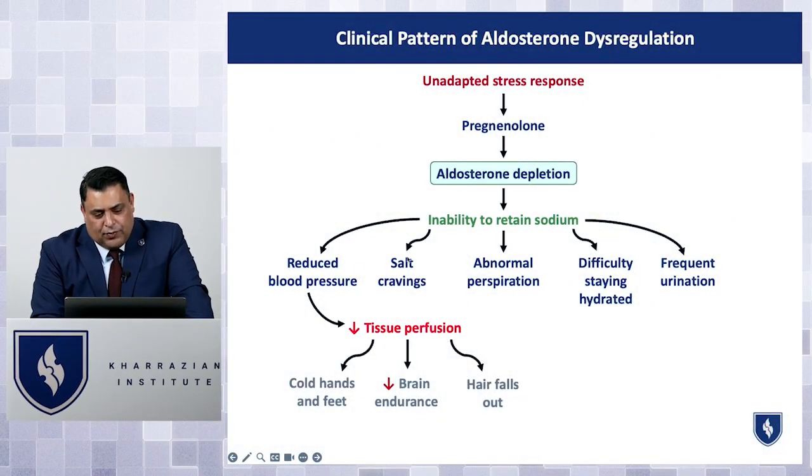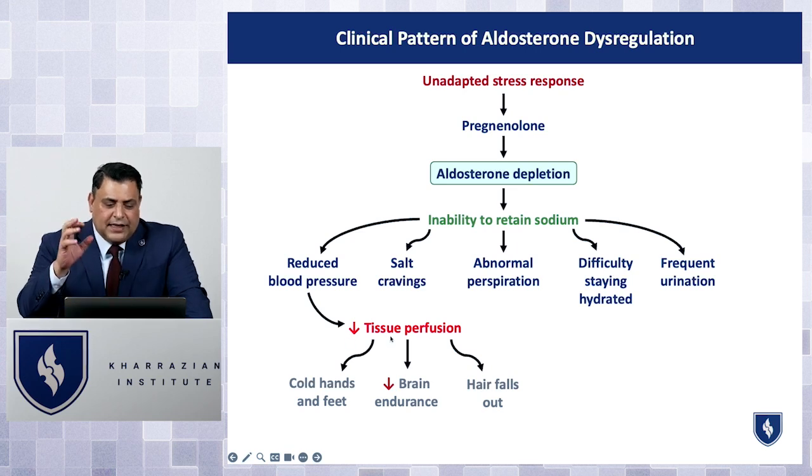Now, with unadapted stress responses, the other thing that happens is that aldosterone levels become depleted under the stress response, so they're unable to retain sodium. It's really common to see reduced blood pressure, salt cravings, abnormal perspiration, difficulty staying hydrated, and frequent urination. As their blood pressure gets reduced, there's not enough tissue perfusion getting blood to their hands.